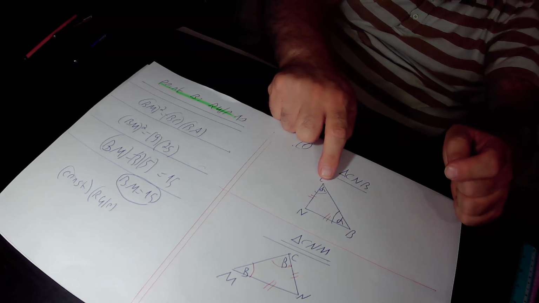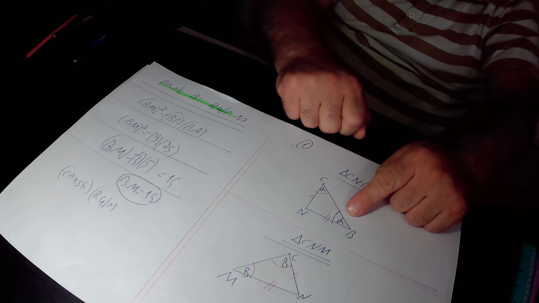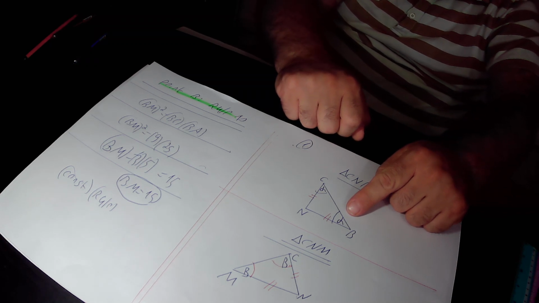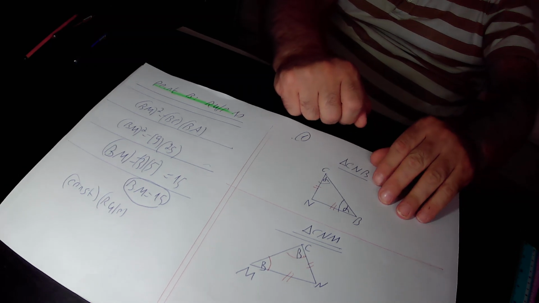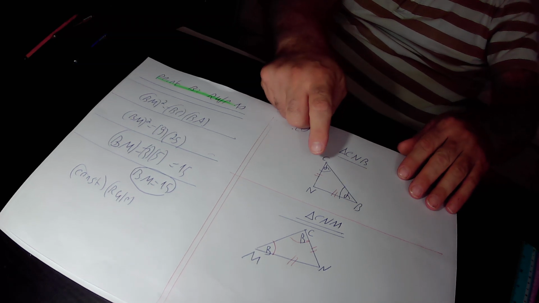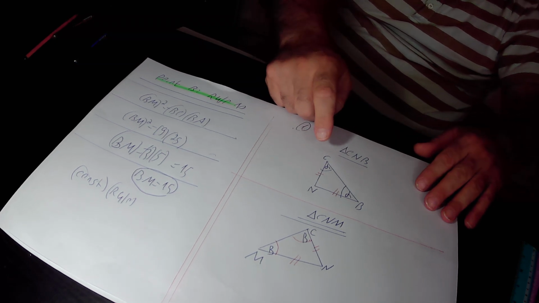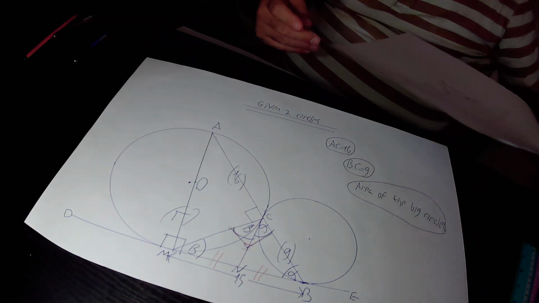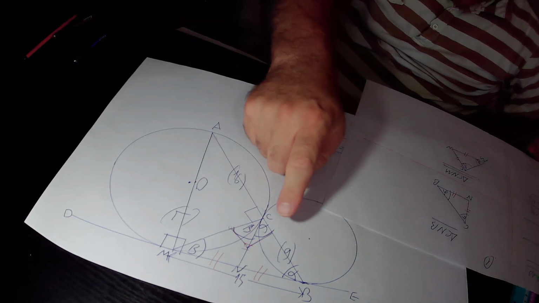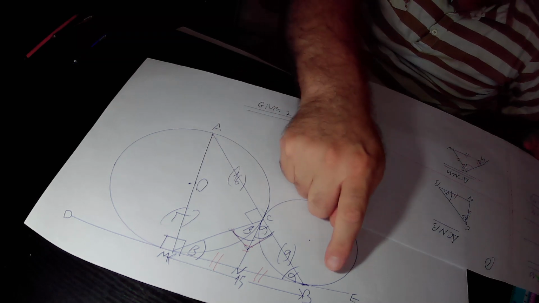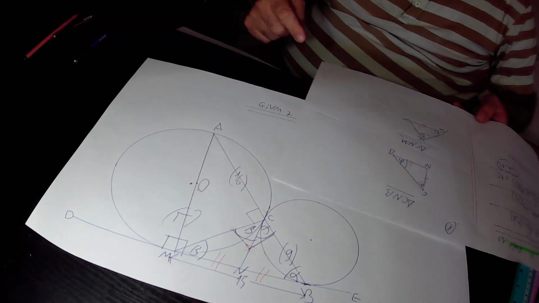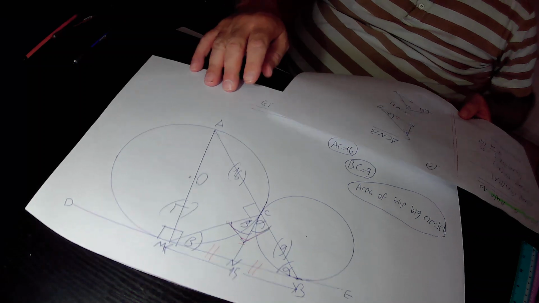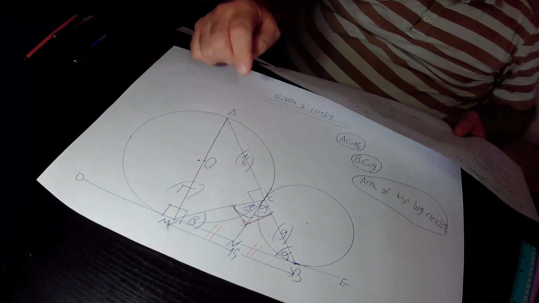So if the size of this angle is alpha, then the size of this angle must also be alpha. So angle NCB equals alpha, and angle NBC also equals alpha. In the next step, we join point C and M together by a straight line.